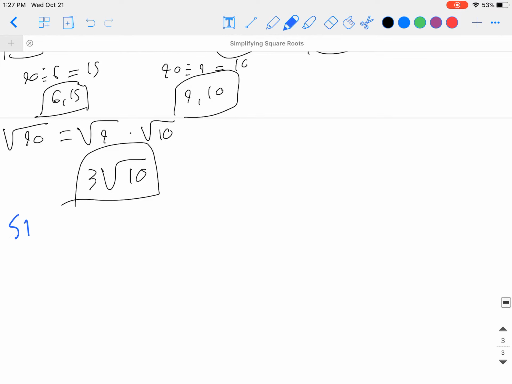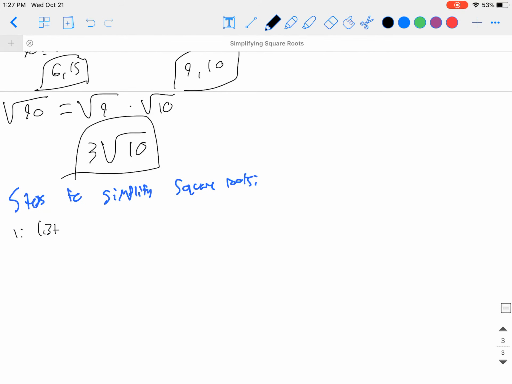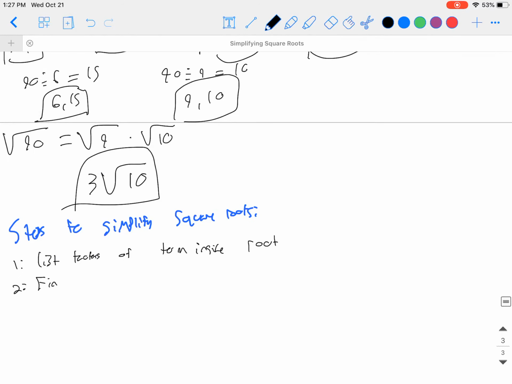So the steps to simplify square roots are, first, to list factors of the term inside the square root. And then second, find a pair of factors where one is rational.